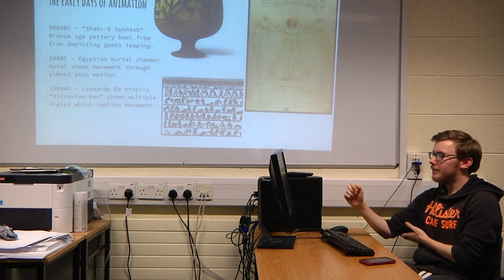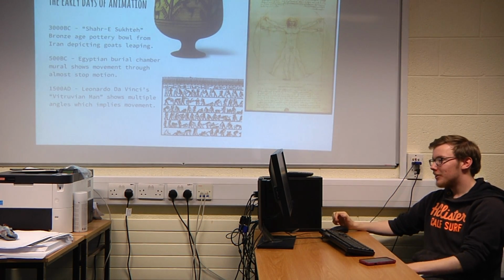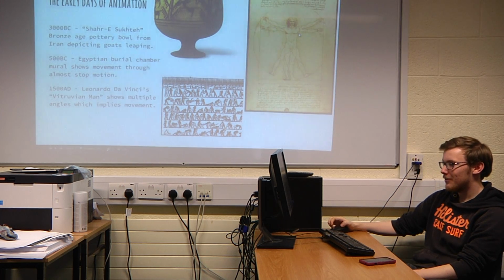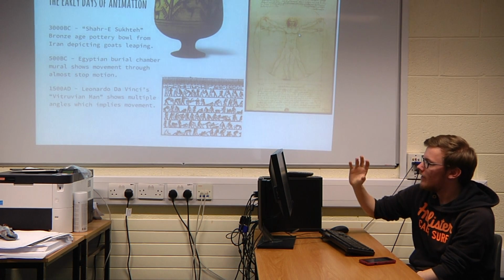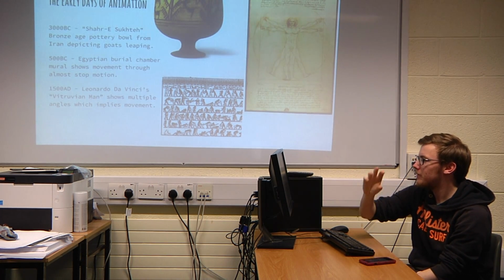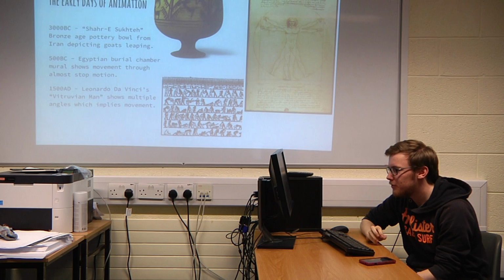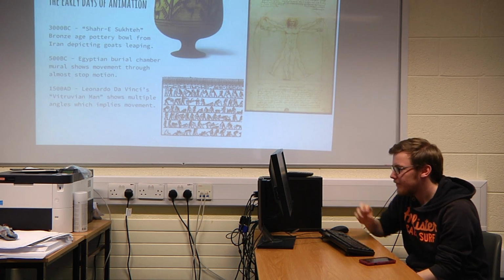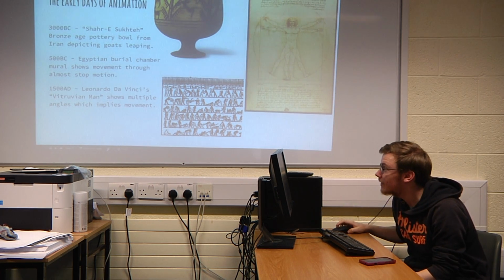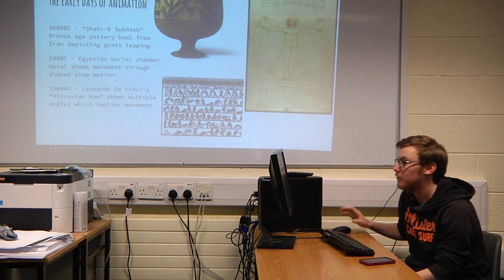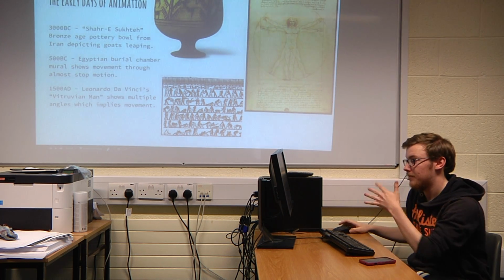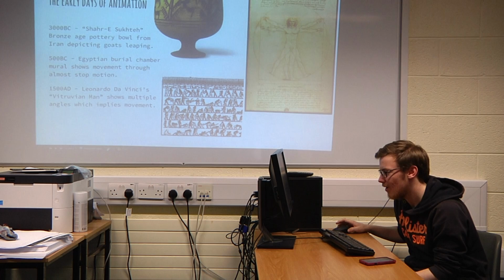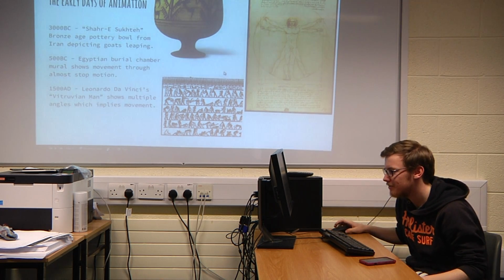And 3000 BC, there's Shahr-e Sukhteh, a bronze Iranian pottery bowl that when you turn it around depicts a little goat jumping around. And in 500 BC, there was this here, which is an Egyptian piece found in the wall of an Egyptian burial chamber, and it shows movement looking from left to right, and it reminds me of stop motion almost on a flat surface.